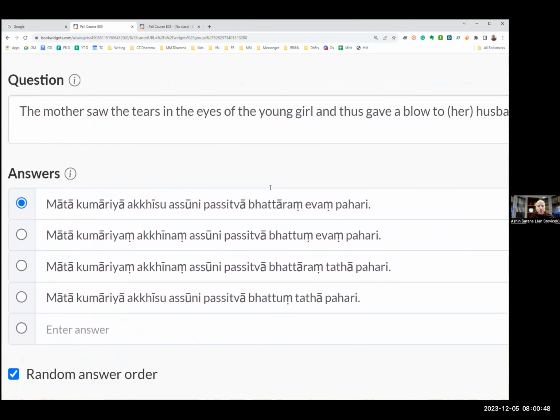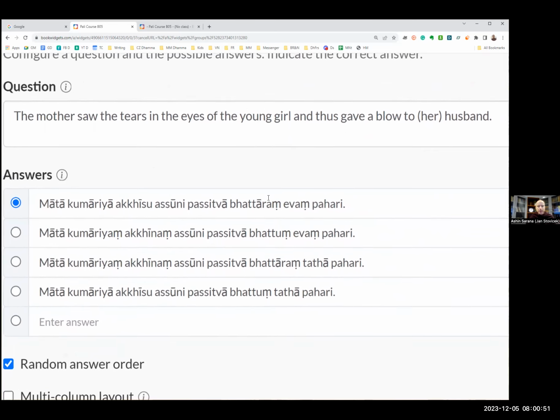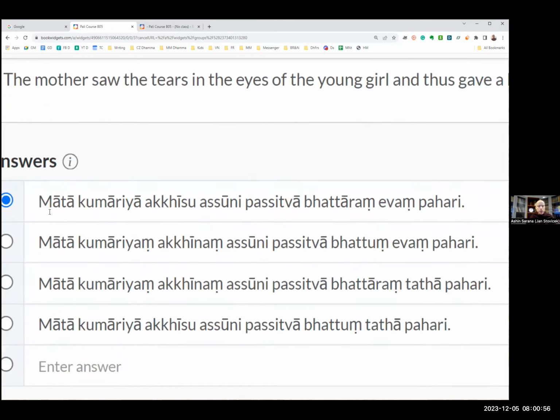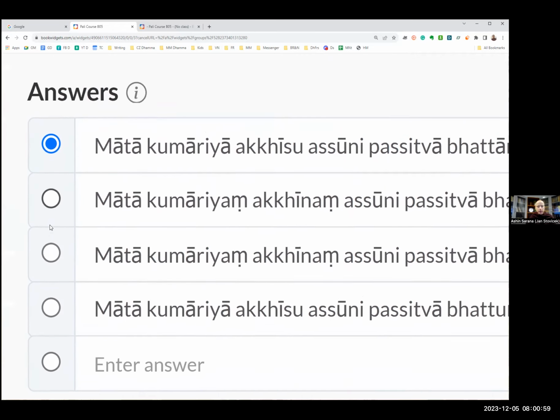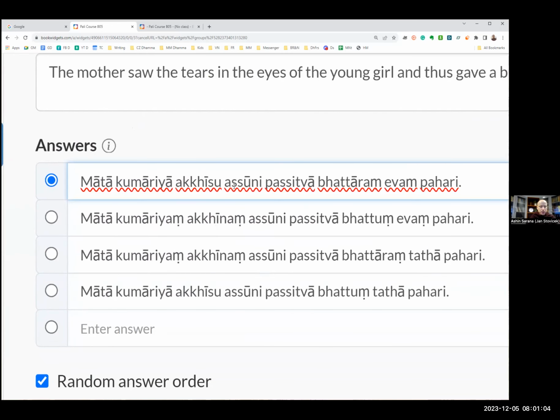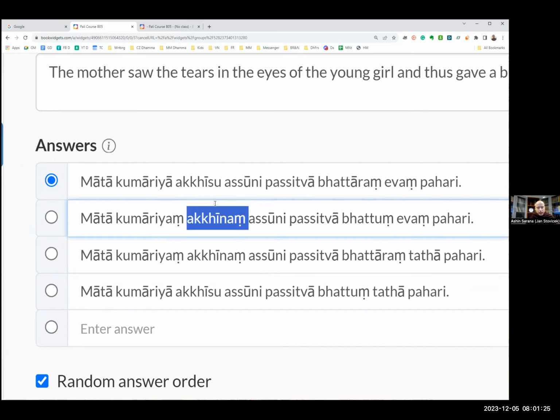The mother saw the tears in the eyes of the young girl and thus gave a blow to her husband. Mata kumariya akkhisu. Kumariya or kumarika? Because the tears are in the eyes, the eyes are of the daughter. So must be kumariya. So kumariya akkhisu, assuning, akkhisu or akkhina.